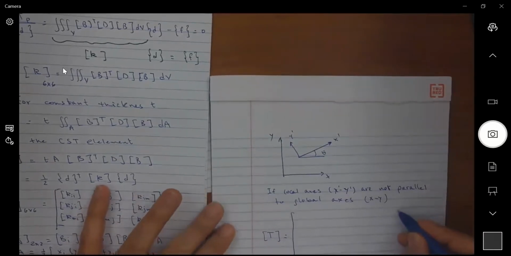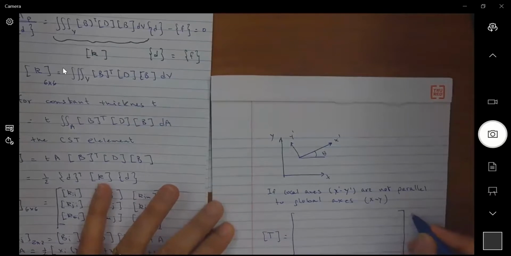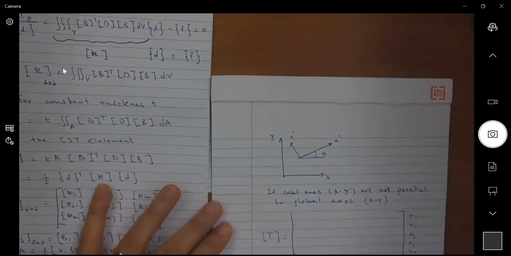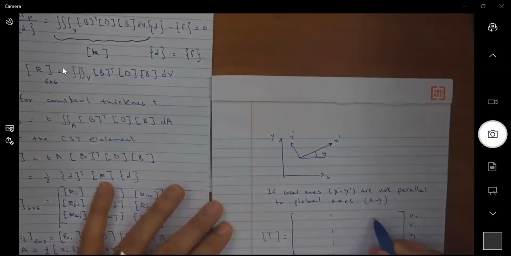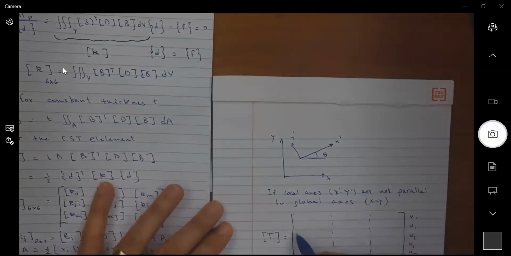So we have ui, vi, uj, vj, and um, vm, right? And if I break this as a 6 by 6, we organize it here like this.